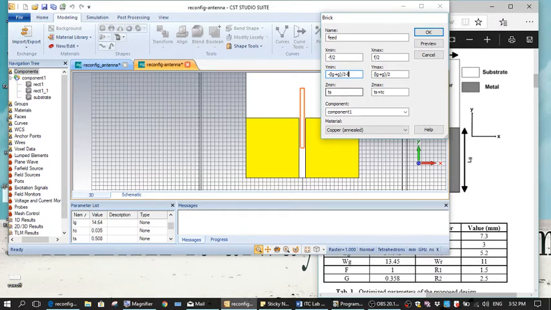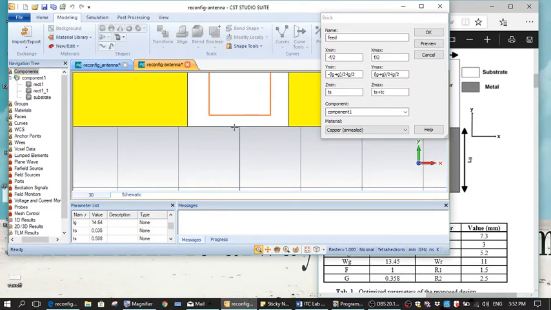So let's try this on both sides so that overall the size remains the same but the position changes. So it has worked, but still if you see there is a lot of gap. We also need to remove that gap.